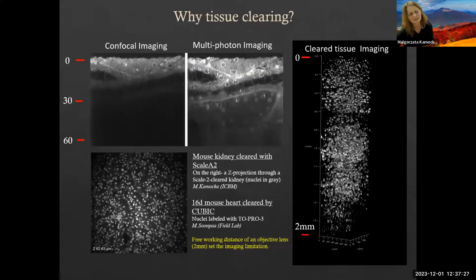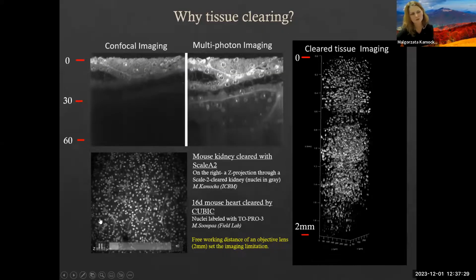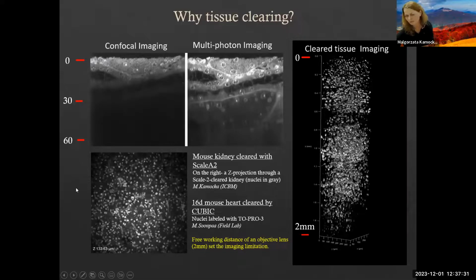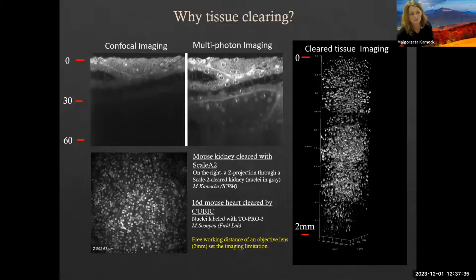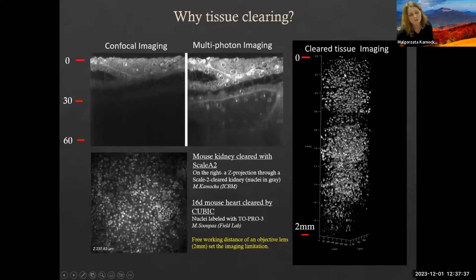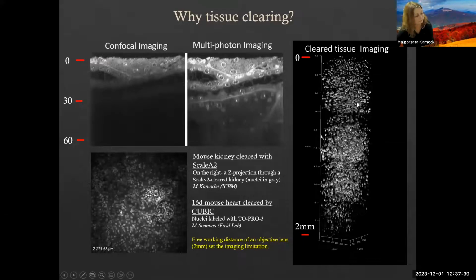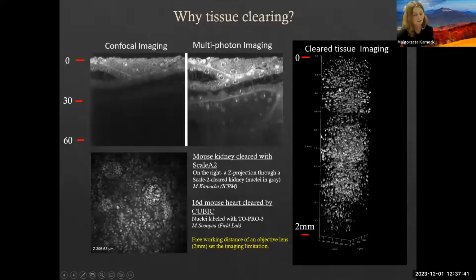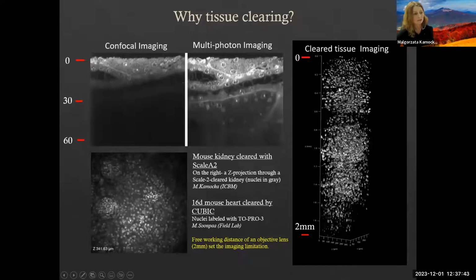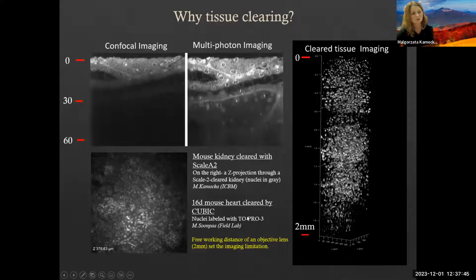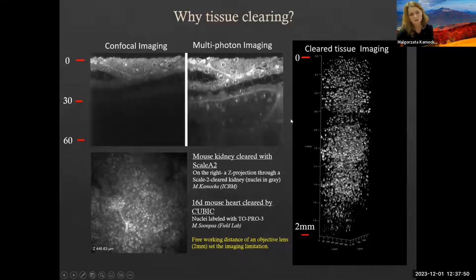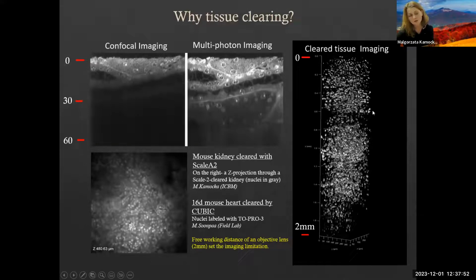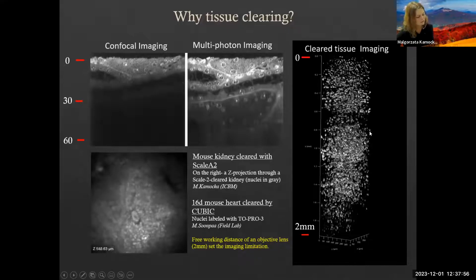So this is a kidney cleared with Scale solution where I was able to collect a volume of about 600 microns. And I really didn't fully clear this sample yet. The image on the right shows you the heart, which was cleared with a CUBIC solution. So Dr. Sumpa perfused the entire heart with CUBIC solution and labeled it for nuclei, which are the main interest of his studies.